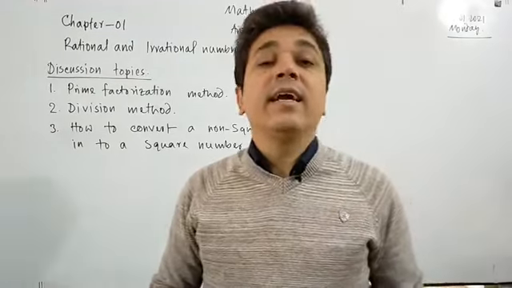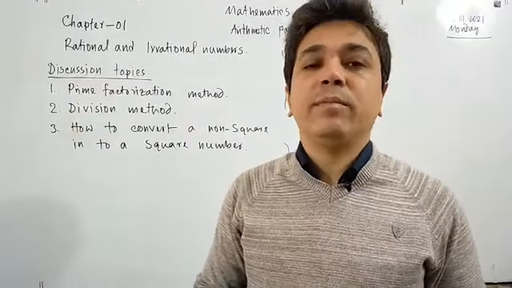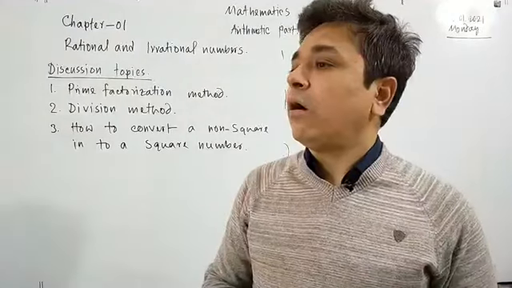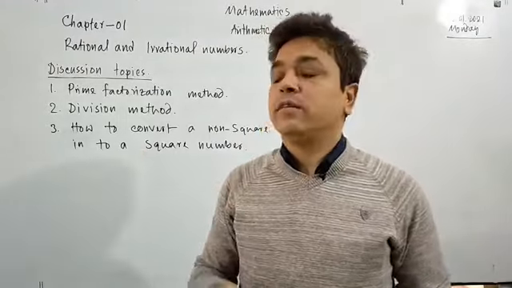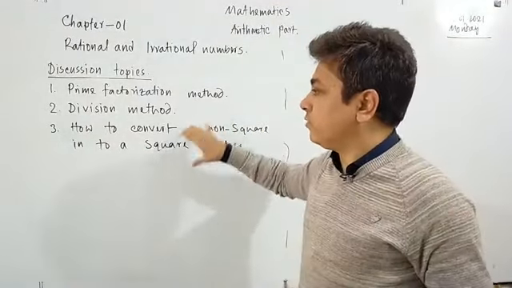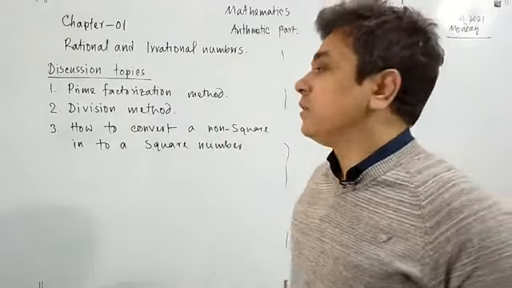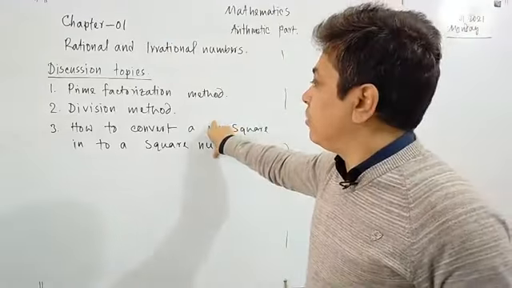If we get 2, 3, 7, 8 in the unit place of a number, we can surely say those numbers are not perfect squares. So we can convert those numbers into a perfect square number in different ways. If we get time, we'll do that one also.